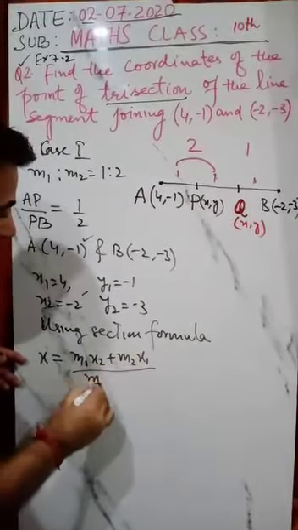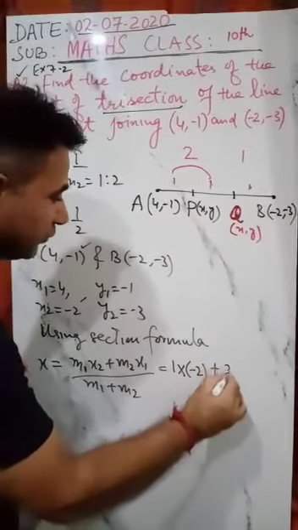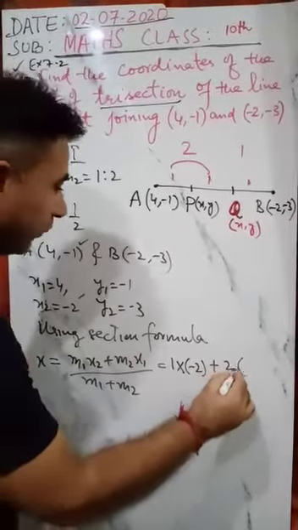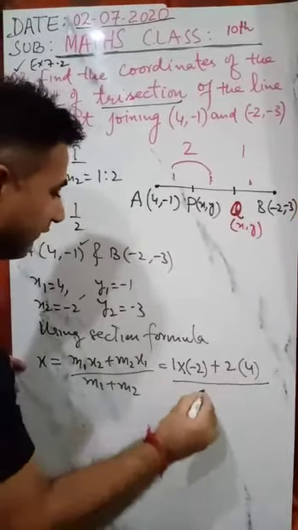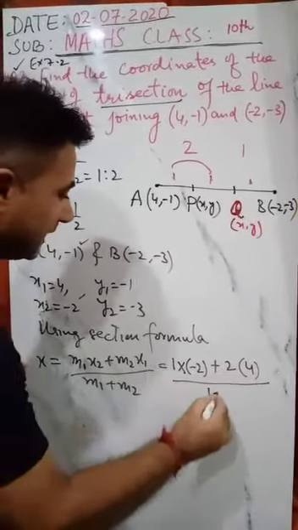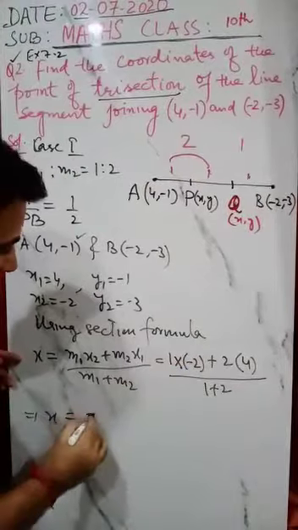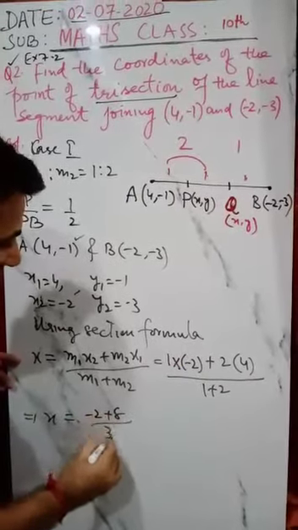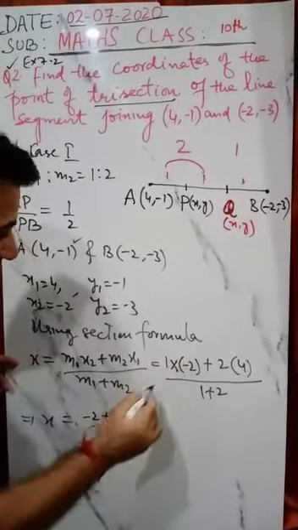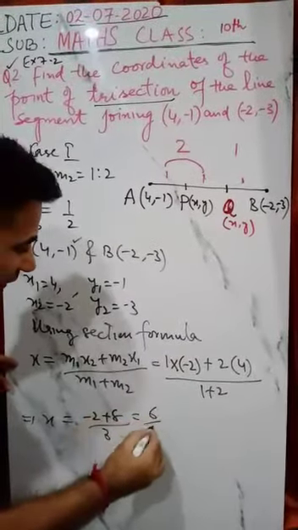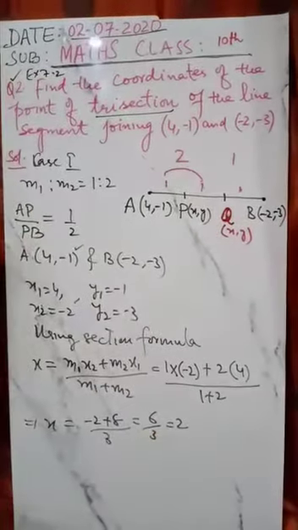We put the values: m1 is 1, so 1 times x2, which is -2, plus m2 is 2 times x1 which is 4, upon 1 plus 2. So x is (-2 plus 8) upon 3, that is 6 upon 3. So the value of x is 2.